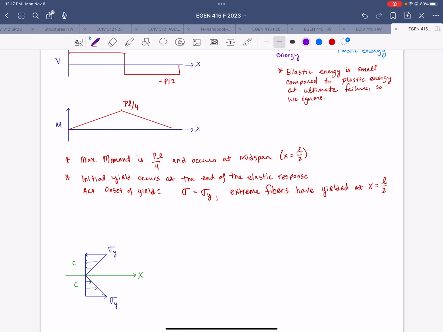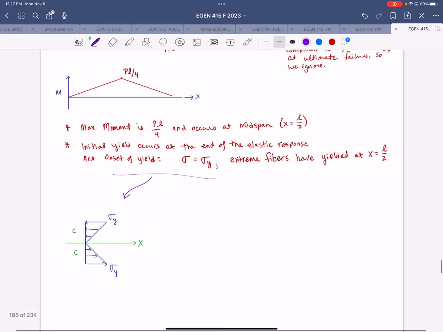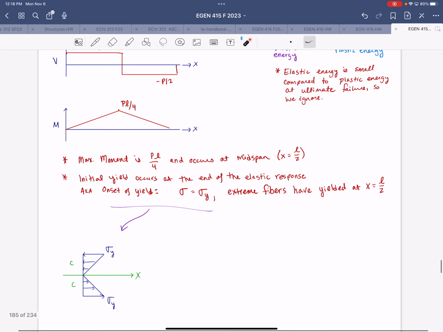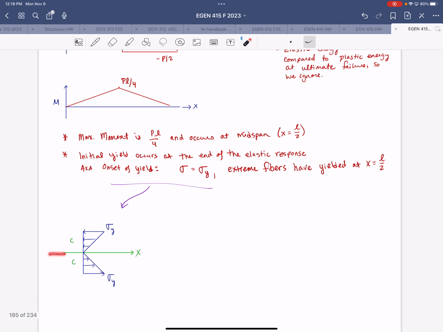All right, so for that condition, we have our stress distribution along the depth of the section, right? The cross section is shown above with a depth of 2c and a width of b, neutral axis at the centroid. And the moment associated with this onset of yield condition is going to be the yield moment.